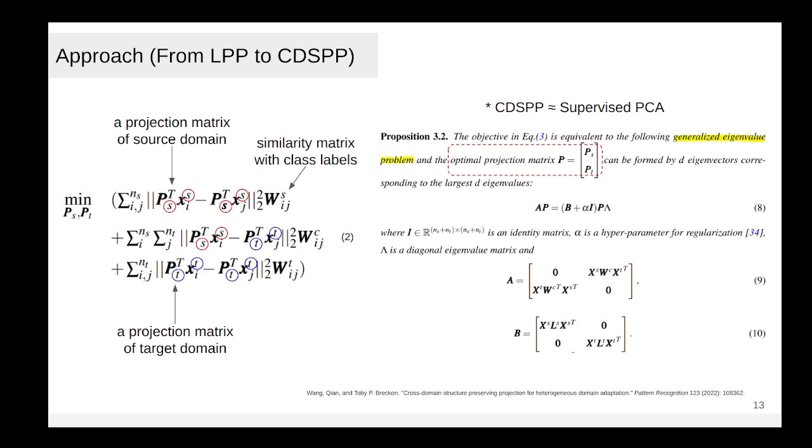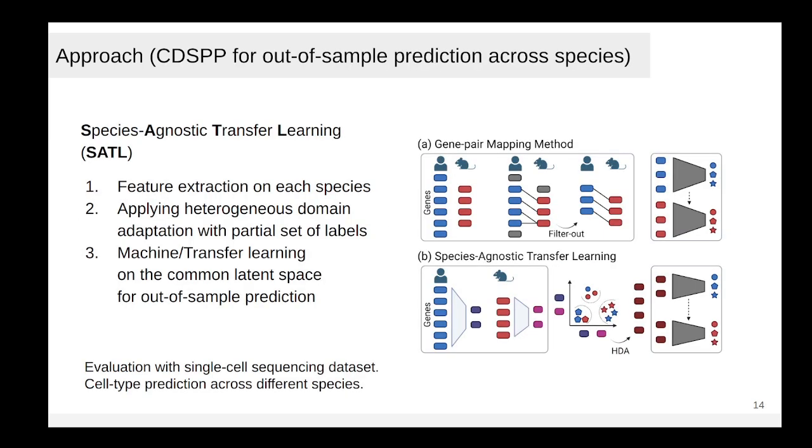So basically CDSPP is a kind of supervised PCA method. We use known labels from 2 different species' data and use that to align the 2 different feature spaces of the 2 different species.